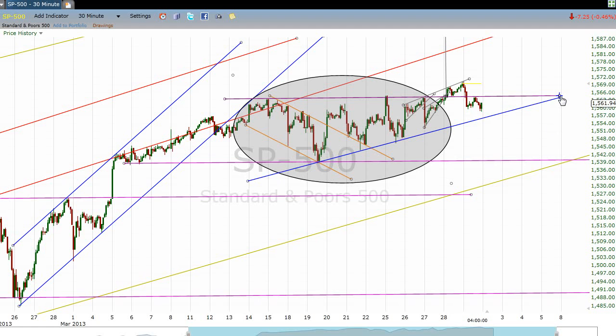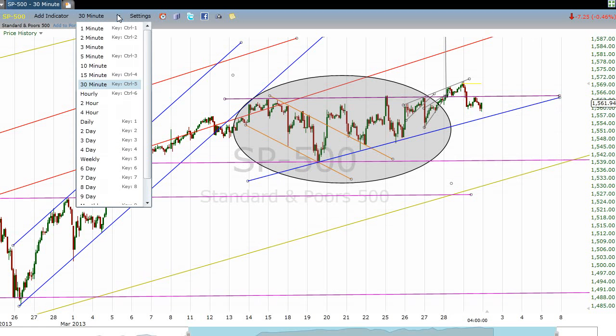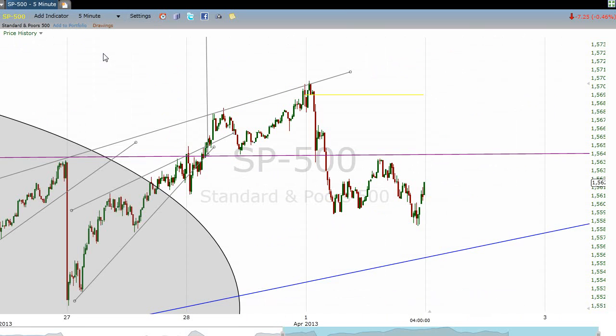And after that, we're either going to be above it and heading up to the high 1580s or 1590s, or we're going to be below it and likely coming down to test support around, call it 1540.